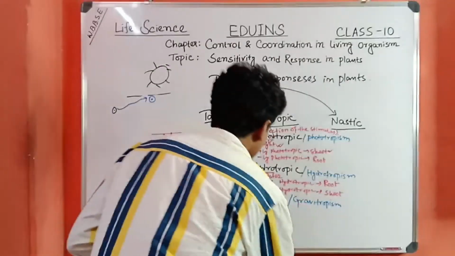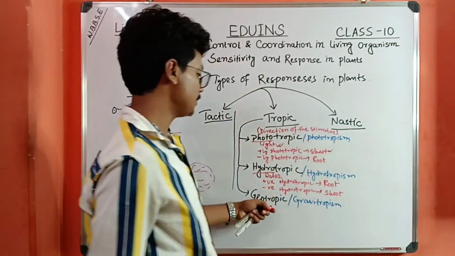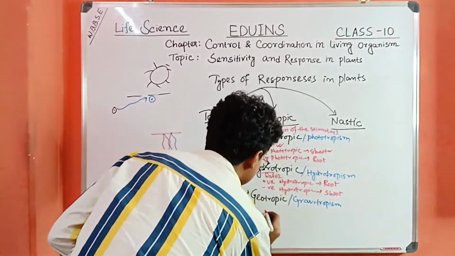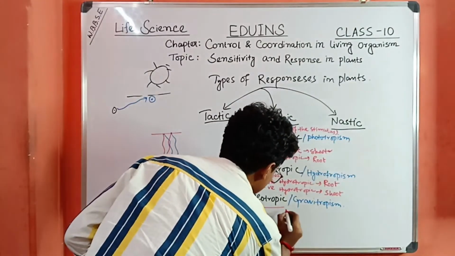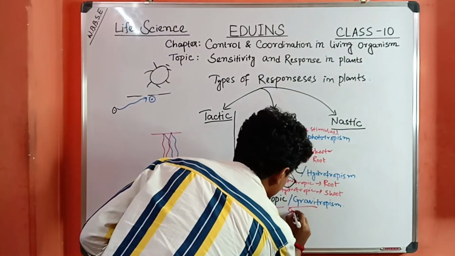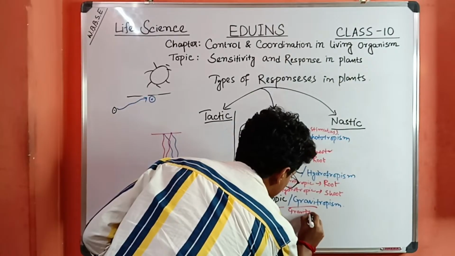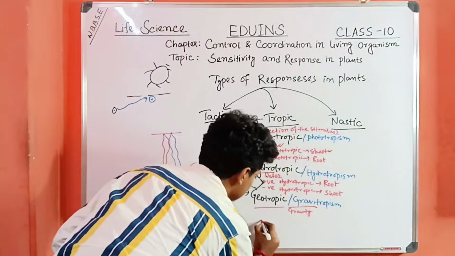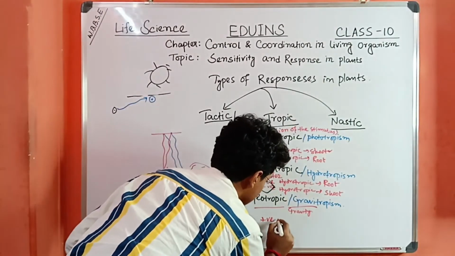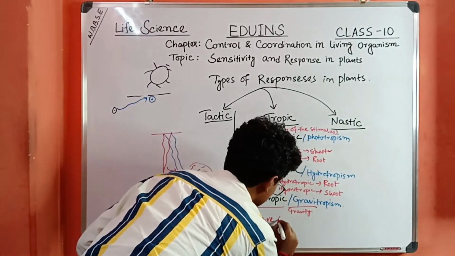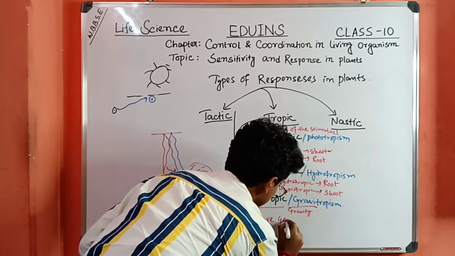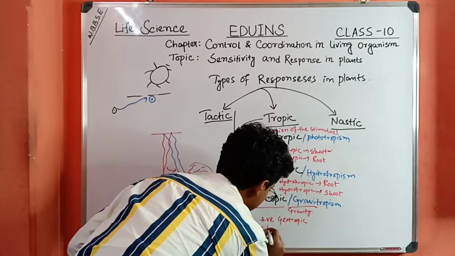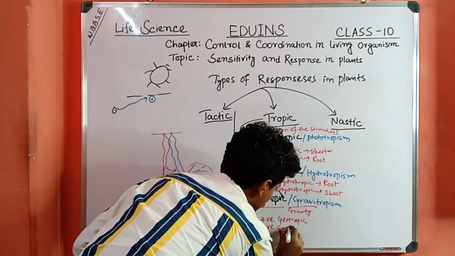And the last one, that is geotropism or gravitropism. This is the gravity. Here the stimulus is the gravity. And of course here also positively geotropic and negatively geotropic.